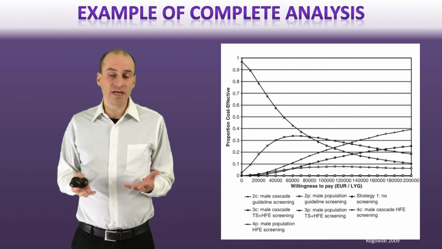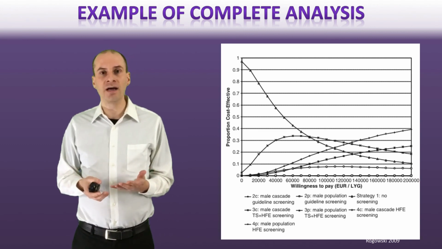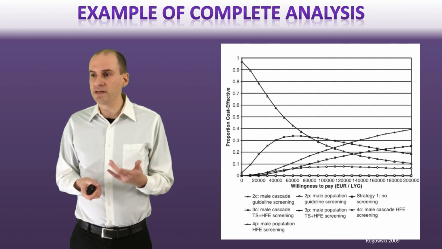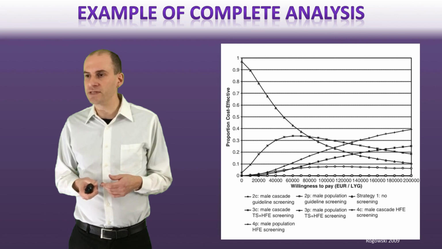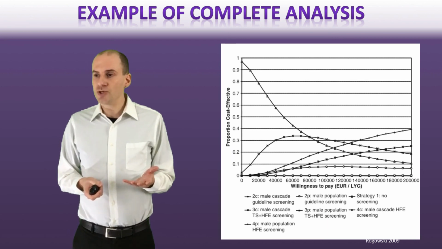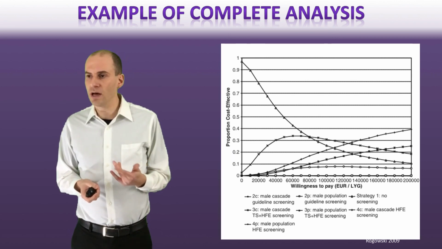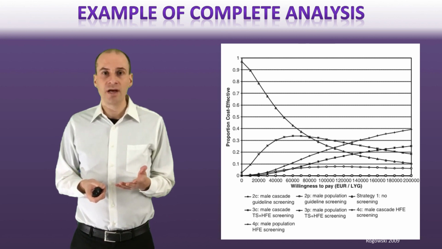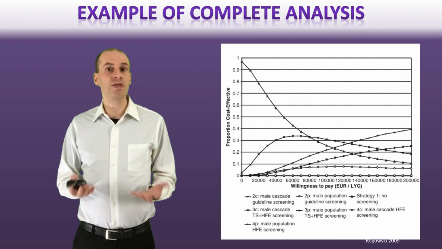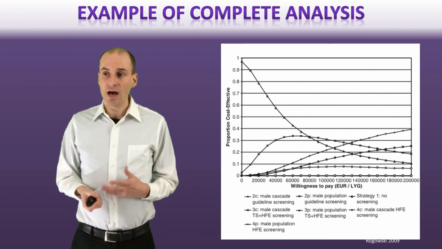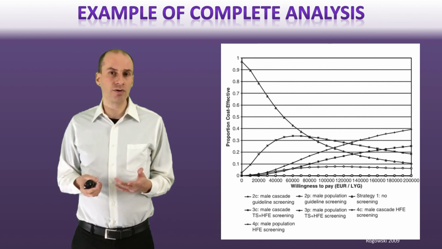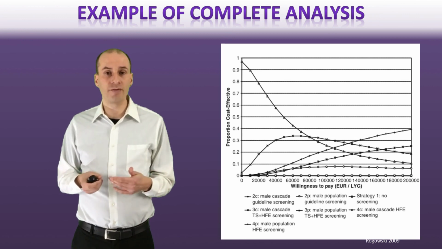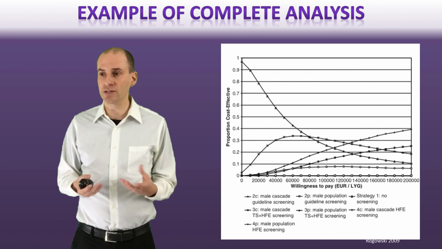So when you actually do this, what you find in this case is that it turns out that up to, this is in euros, for example, up to about 70 or 80,000 euros, it actually seems to make the most sense to do nothing in this case. Okay, 70, 80,000 euros, especially at the time this was done, would be something well over $100,000 per life year in terms of benefit.